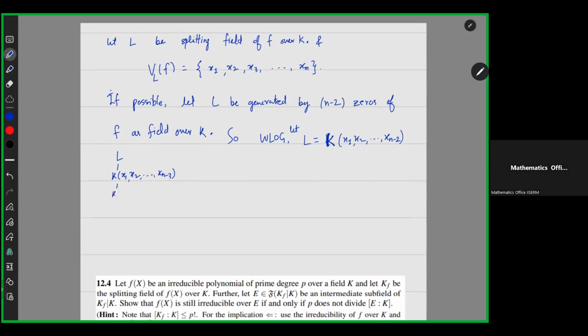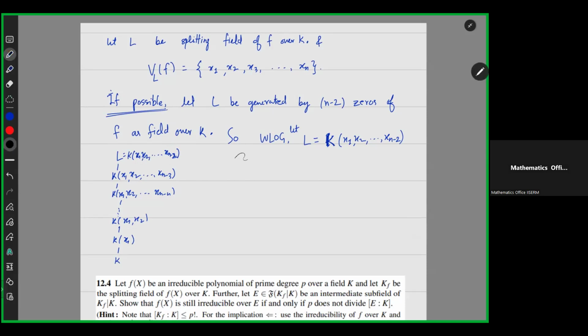Next, we have K(x1, x2, ..., xn-4), and so on, going down to K(x1, x2), and below that K(x1), and then K. So these intermediary fields, the top one is nothing but K(x1, x2, ..., xn-2). This is assumed if possible, so we might get some contradiction.